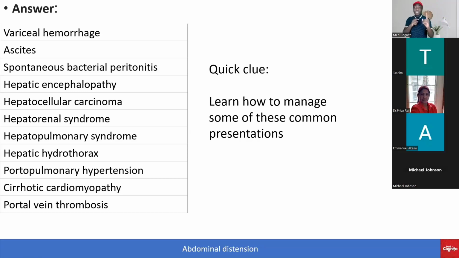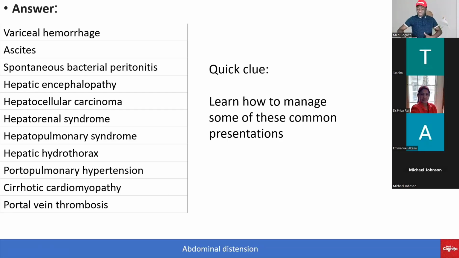This is right from UpToDate as well. UpToDate wants you to know that complications of cirrhosis can be variceal bleeding, ascites itself, spontaneous bacterial peritonitis, hepatic encephalopathy, and I saw somebody writing hepatocellular cancer, and UpToDate also says the same thing. Hepatorenal syndrome, hepatopulmonary syndrome. Please write these answers down. Always remember, it can go to the brain.